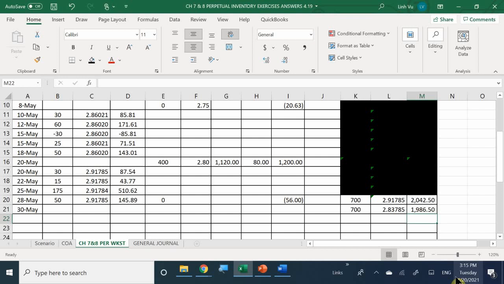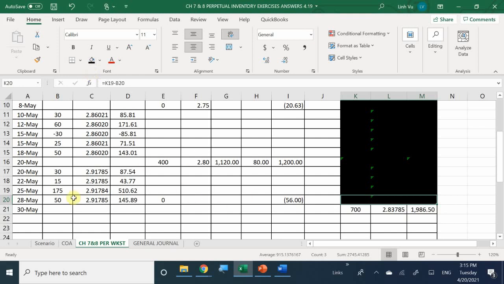But in this case, because we're doing it as perpetual inventory and it's moving the average along, it doesn't matter when you insert your discount or when you insert your returns or allowances, because at the end of the day, you're going to add up all of it anyway. So in this case, here it is. I put my discount in there. So therefore, that is my new amount here. And that's it, right? I entered in my discount.